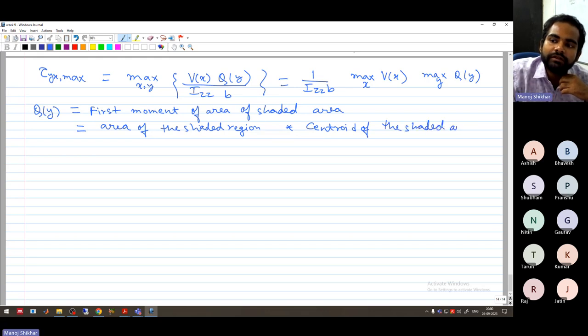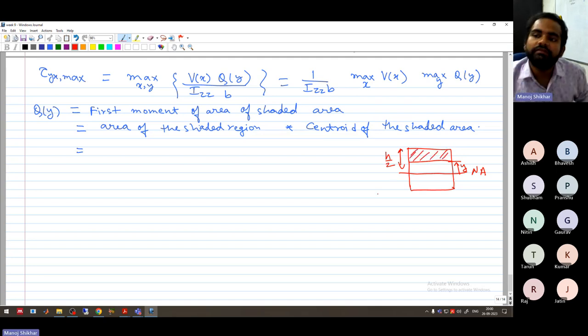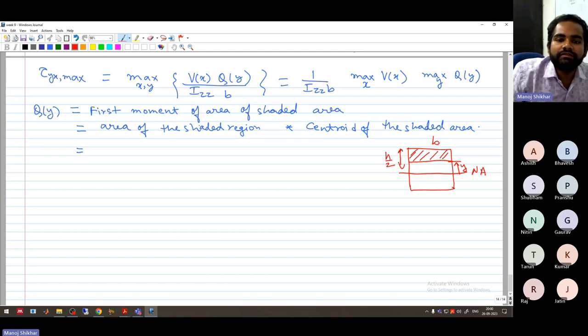I already did this in class, but I will write it again. Suppose this was the neutral axis, and we know that this is h by 2, and we are looking somewhere here. So this is our shaded area. What will be the area of the shaded area? This is b, so b times (h by 2 minus y) will be this length.